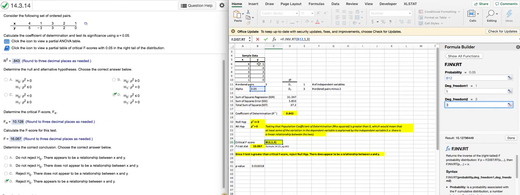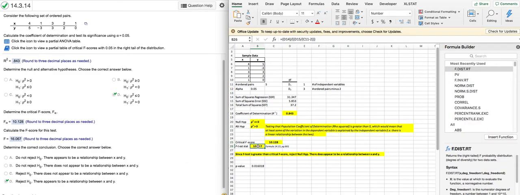We have 5 ordered pairs of x's and y's, and subtracting 2 gives us 3. That gives our critical F-score, 10.128.